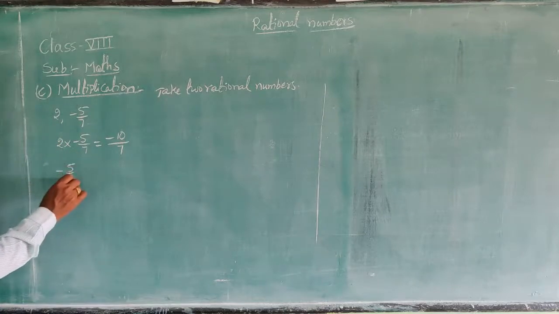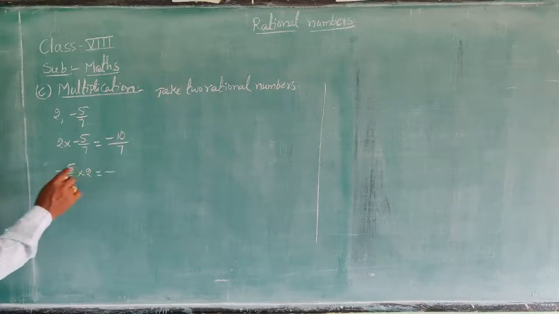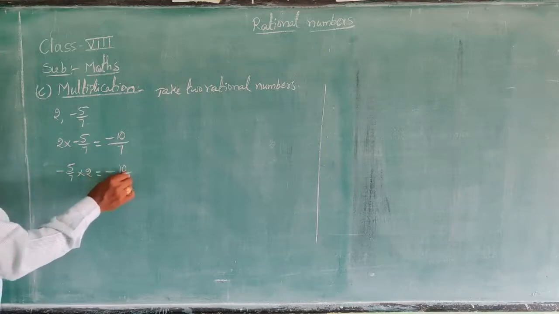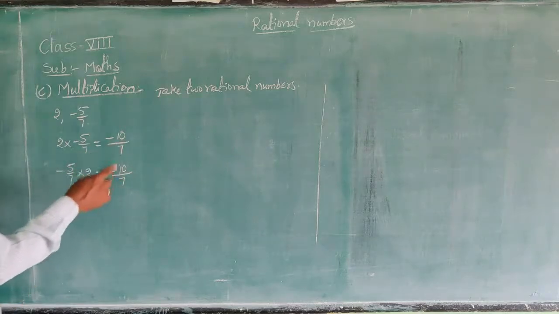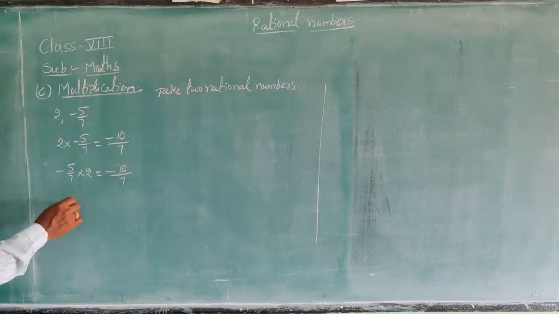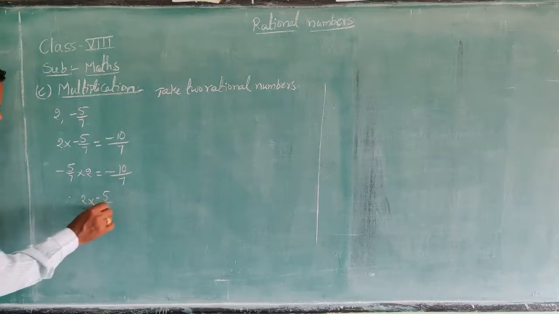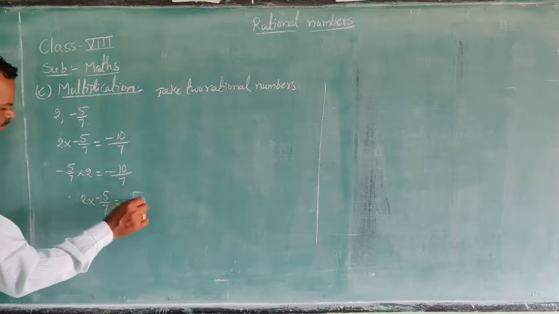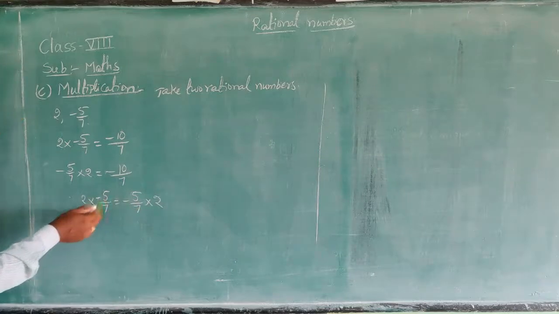Minus 5 by 7 into 2 is equal to minus 10 by 7. Minus 10 by 7 is equal to minus 10 by 7. Therefore, these two values are equal. 2 into minus 5 by 7 is equal to minus 5 by 7 into 2.